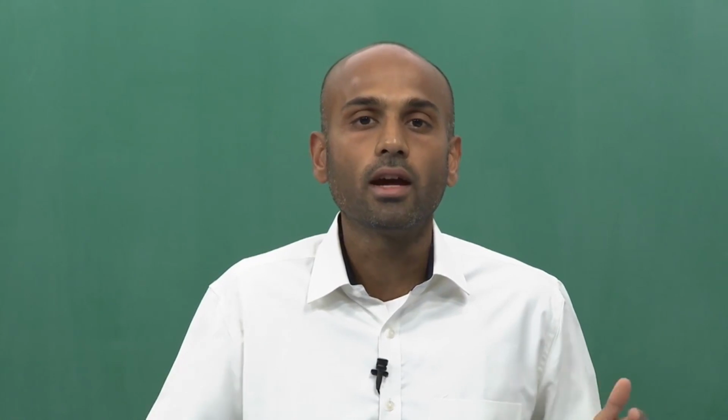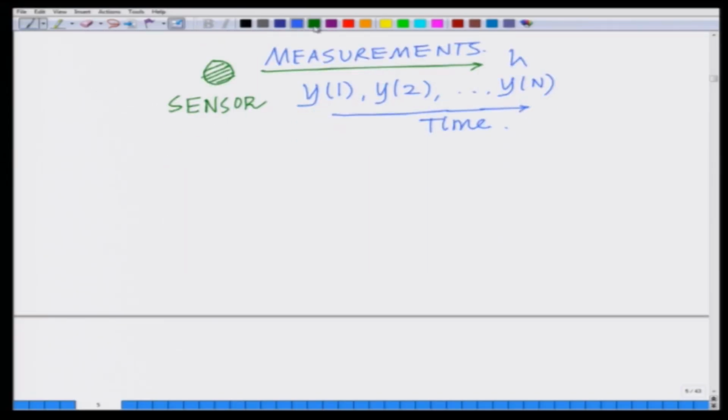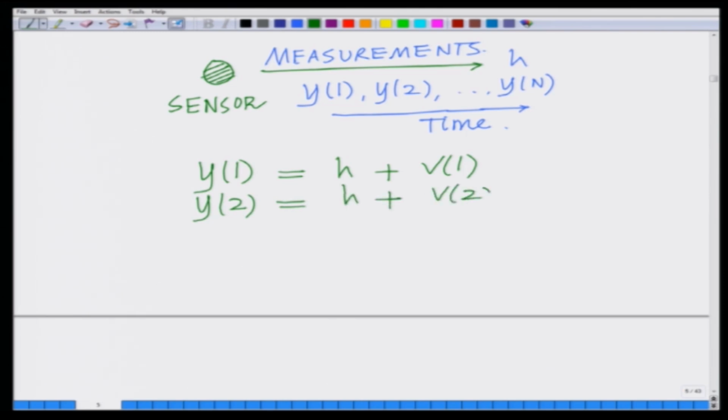Now, these measurements can be modeled as noisy observations: y1 equals h plus v1, y2 equals the parameter h plus v2, and so on, yn, the nth measurement, is the parameter h plus Vn.